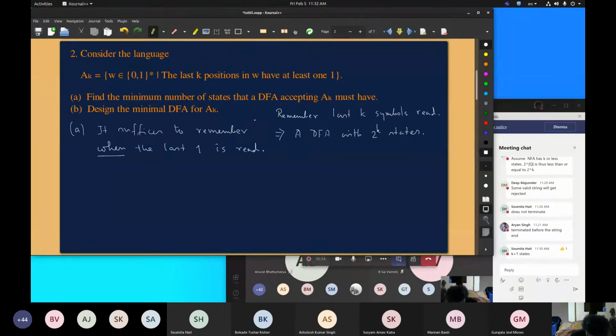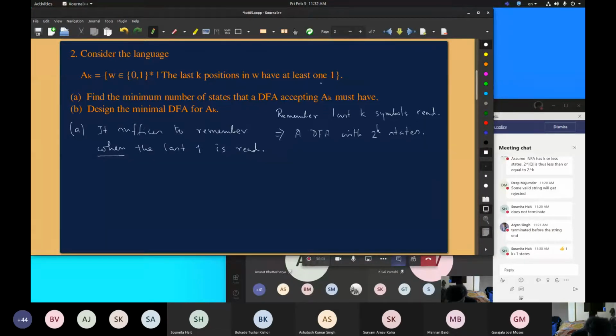Whatever you have read much earlier than these k states, for example, during the Big Bang or during the Cretaceous period, that's not relevant. Of course, remembering all of the last k symbols will suffice, but it also suffices if we can remember the position of the last one read, but among these last k positions.